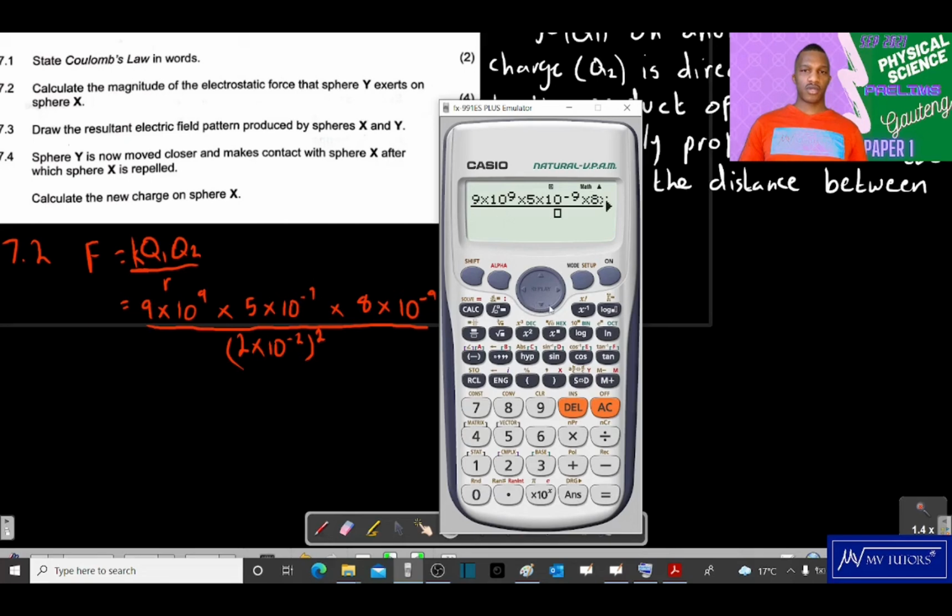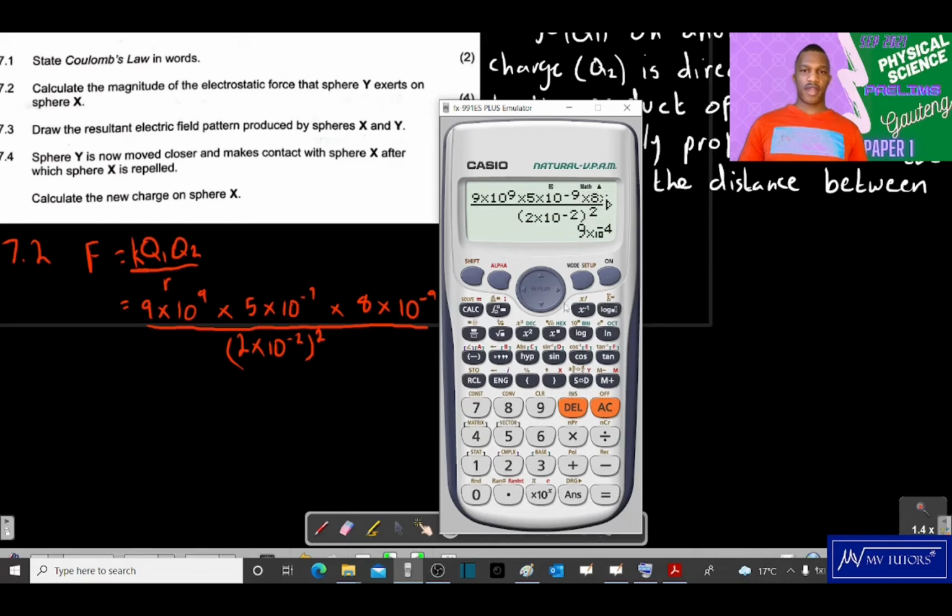Cool. Then let's go downstairs. Downstairs, let's open the bracket, put it exactly as it is, 10 to the power minus 2. Come downstairs, we close the bracket, and then we put the exponent and we put the 2. So we put everything exactly as it is.